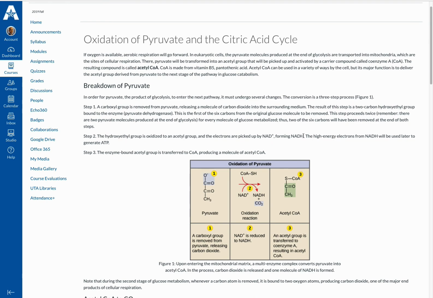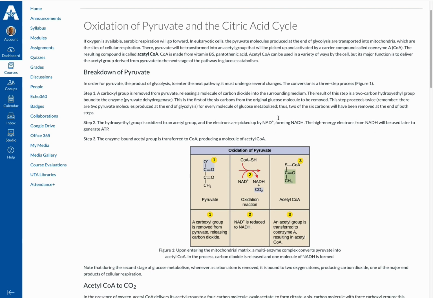Okay, so now we have these 2 pyruvates. What happens then is that pyruvate gets oxidized and a carboxyl group is removed from it, and we generate another NADH from NAD+. Through this process, pyruvate is changed into acetyl-CoA, which will go into the citric acid cycle.